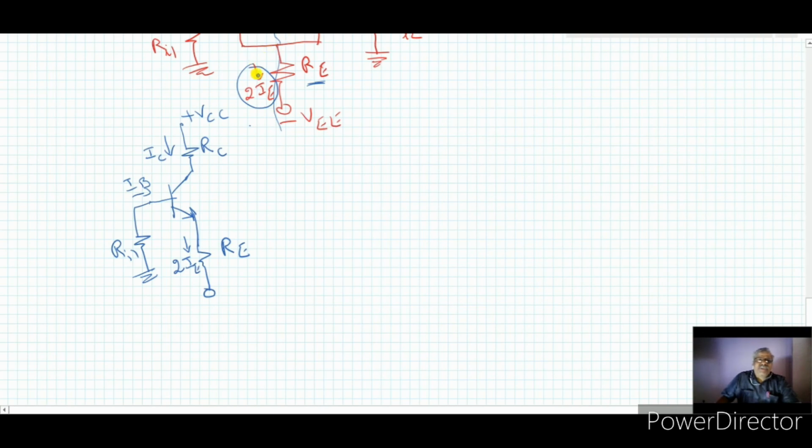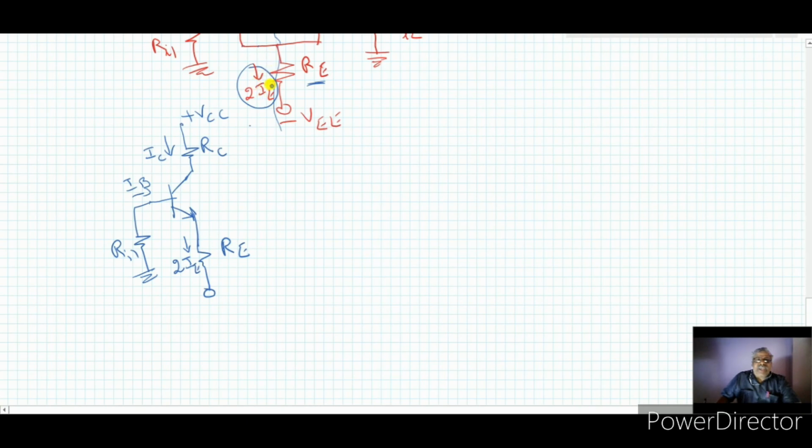Emitter current is as shown in this diagram, so in this direction the voltage will drop. When you move from minus VEE upwards, then it will be a gain. So when you consider this emitter current direction downwards, at this emitter the potential will be higher, and that potential you should not change when you are doing the analysis.